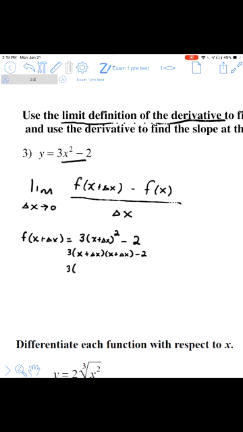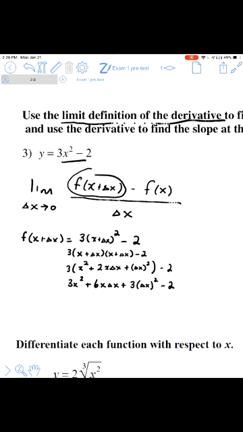And then multiplying those two terms together here, we're going to get x squared plus 2x delta x plus delta x squared. Then distributing the 3, so that is f of x plus delta x. This is the expression that's going to replace right there.